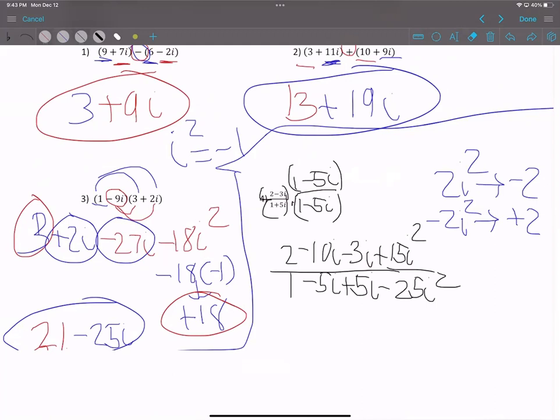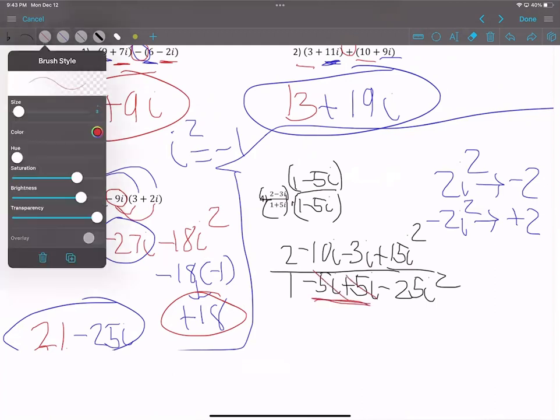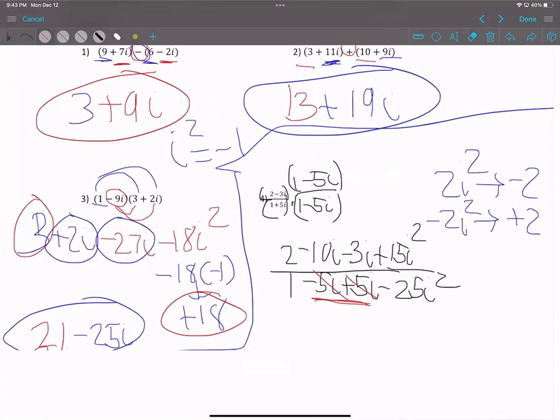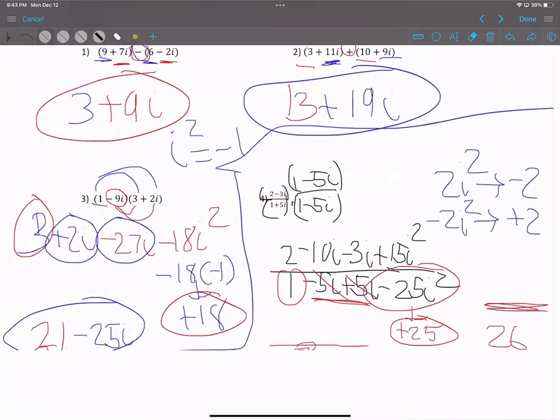You're going to see on the bottom, your i parts are always going to cancel out. So on the bottom, let's just simplify that. Just remember, similar to the last question, minus 25i squared is really positive 25. So my denominator would just be 1 plus 25 is 26. So let me write, we'll put our answer over here. The bottom would just be 26.